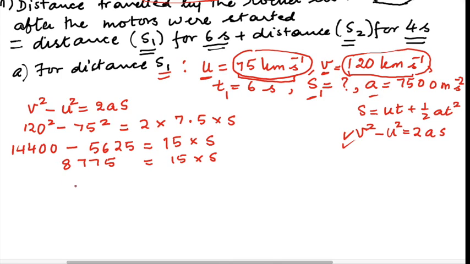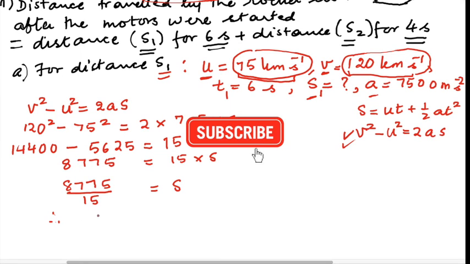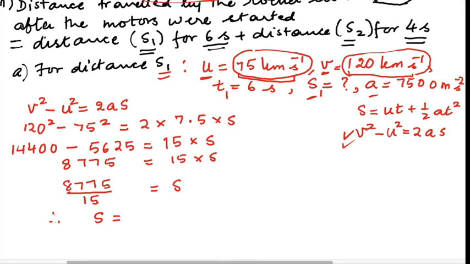That gives us 8775 upon 15, and that is equal to S. Therefore, S is equal to, 15 ones 15, 15 5 is 75, remain 12, so it will go 8 times, remain 7, so 585.